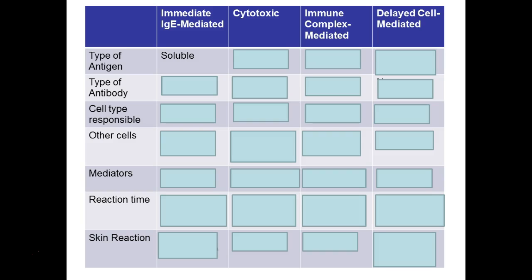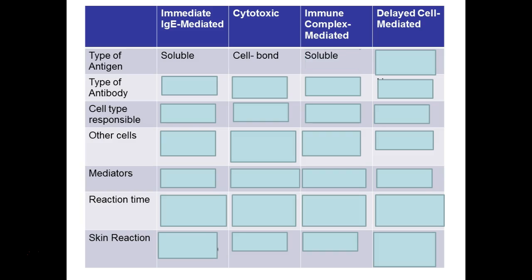So for cytotoxic, it's cells that we attack. So is that soluble or insoluble? Are cells soluble? Do they dissolve into a solution? No, they're insoluble or cell-bound. We're attacking cells in this case.